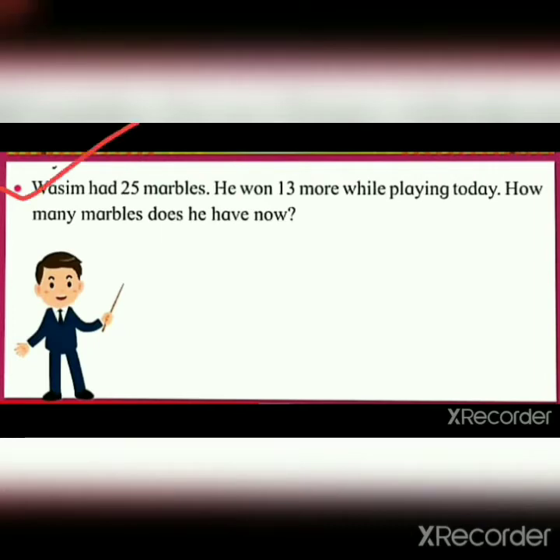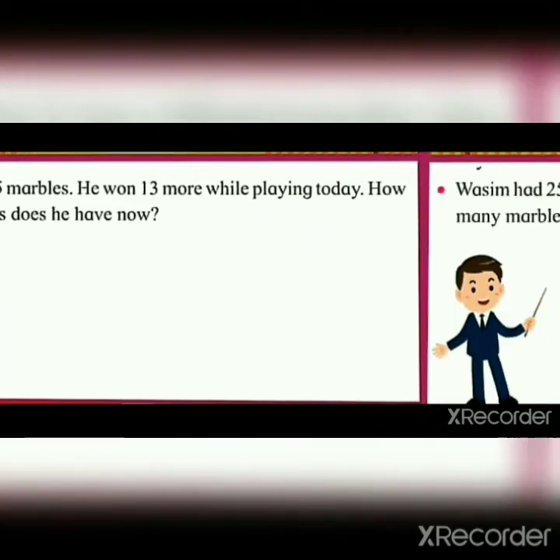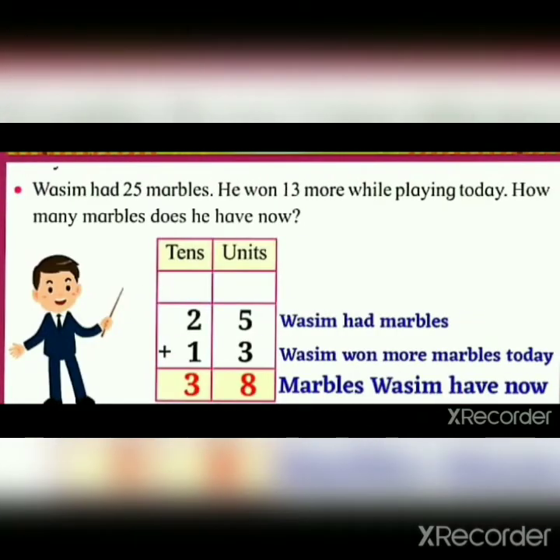Example number 1. Wasim had 25 marbles. He won 13 more while playing today. How many marbles does he have now? Now we will solve this. You can see Wasim had 25 marbles. 13 more he won while playing. Now we will write 25 plus 13 and we will start addition.